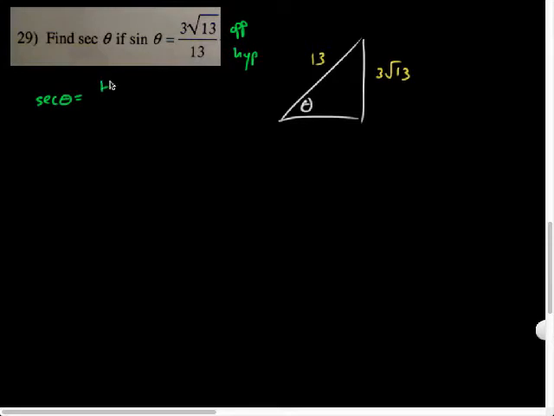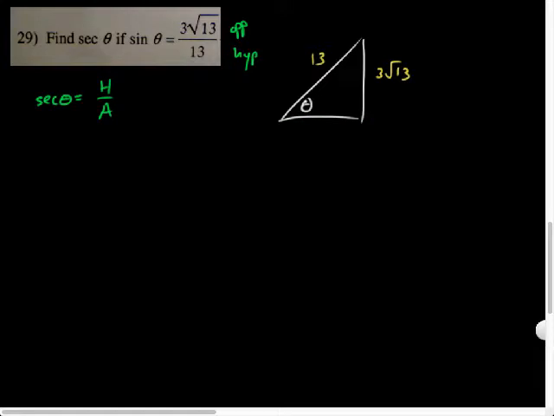Or I could just say secant theta is equal to hypotenuse over adjacent, right? So I'm going to have to figure out what this adjacent side is. And how could I do that? Yeah, Pythagorean theorem.